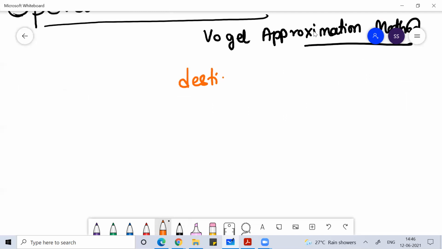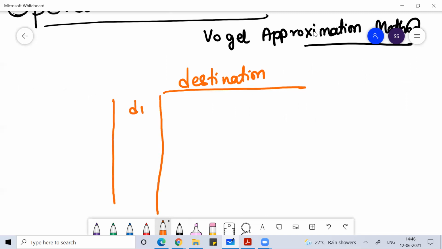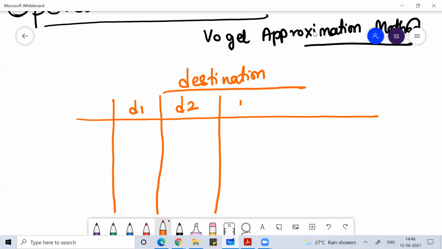Four destinations are given. Right now I'm not doing a previous year exam problem, I'm doing a generic problem: D1, D2, D3, D4.